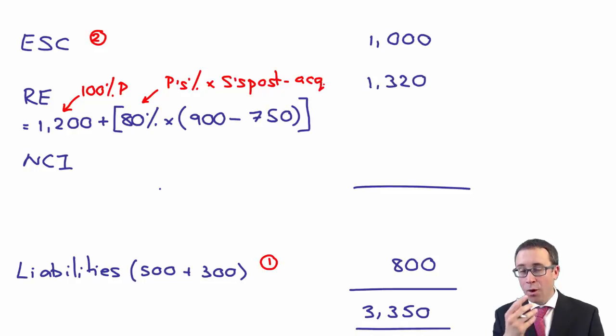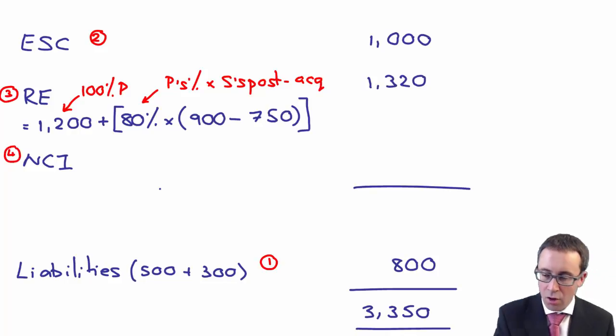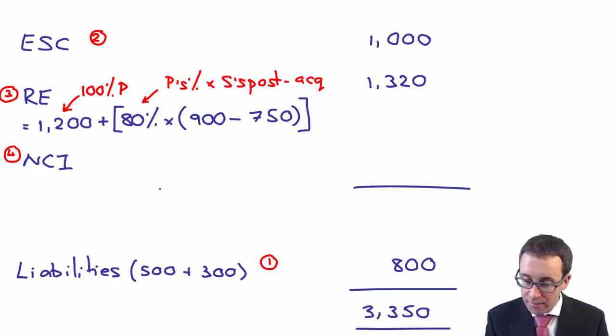Okay. If you wanted, you could potentially go through and cheat, I think, and work out what the non-controlling interest is as a balancing figure. So what have we got? 3350 less 800. Does that give me 2550?